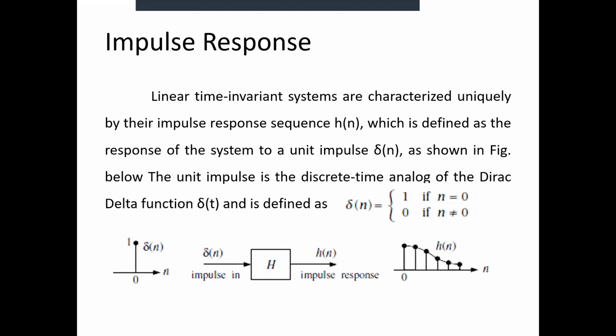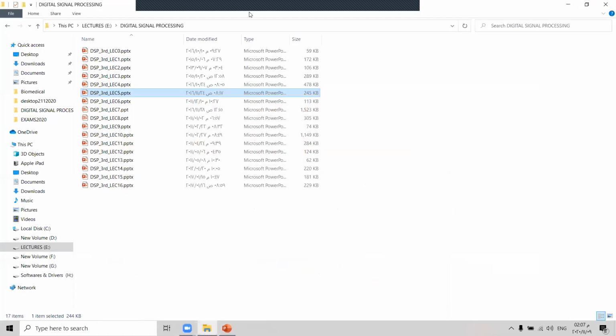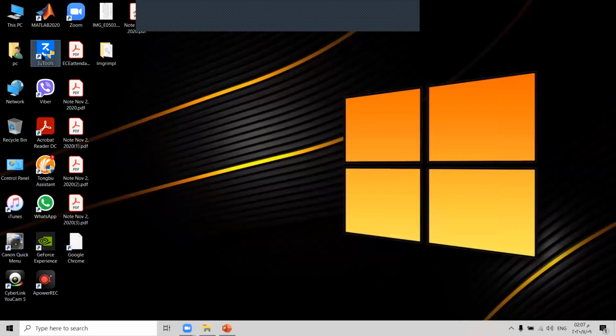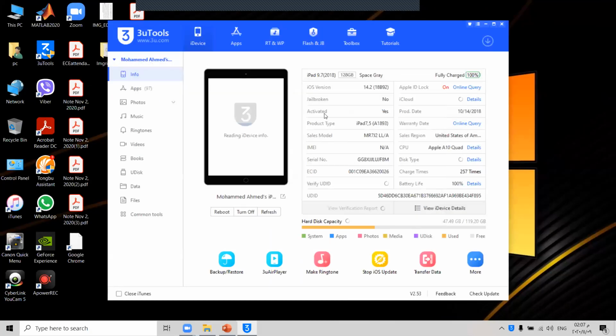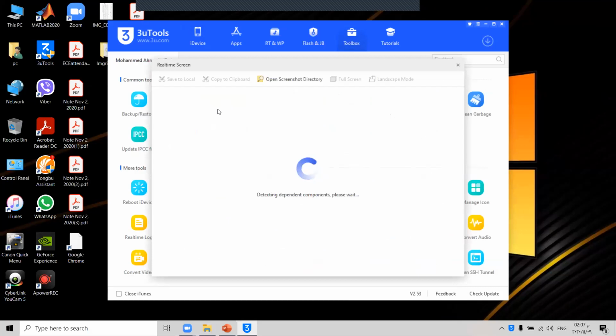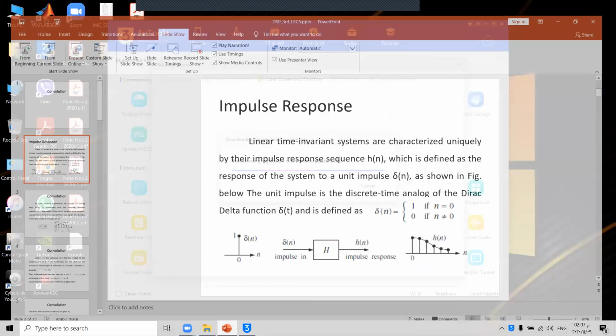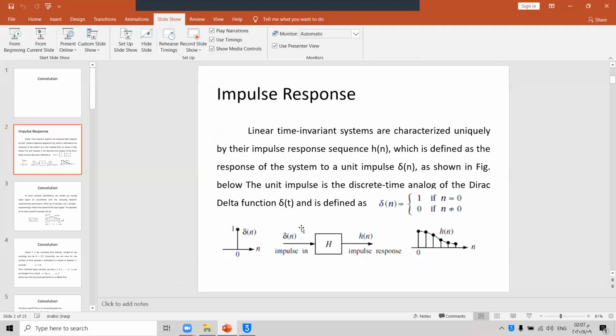When x is substituted by delta of n, the output will be h of n.